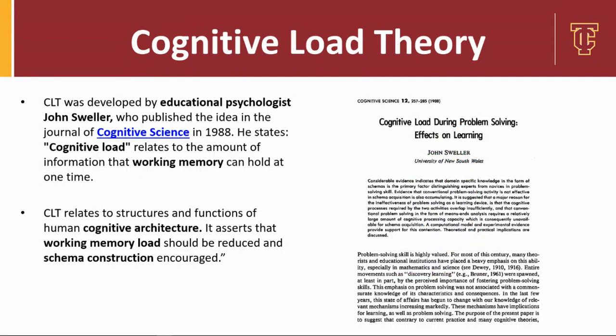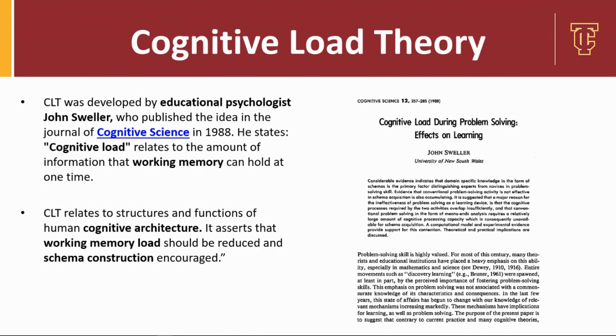When we think about cognitive load theory, everyone, this really came out of the work of educational psychologist John Sweller. And in the 80s, and I included a screen grab here of his paper that he published in the Cognitive Science publication. And in this paper about cognitive science, he talks about cognitive load.